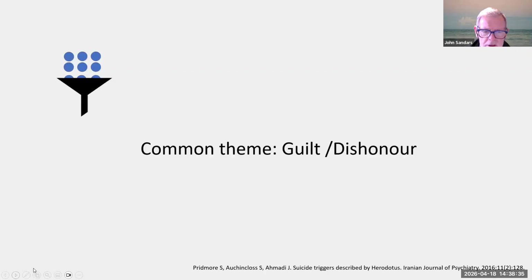From that, he felt there was a common theme of guilt and dishonor that triggered their suicide. And in the top left-hand corner, what it's doing is bringing together all these case studies to try to get a common theme.